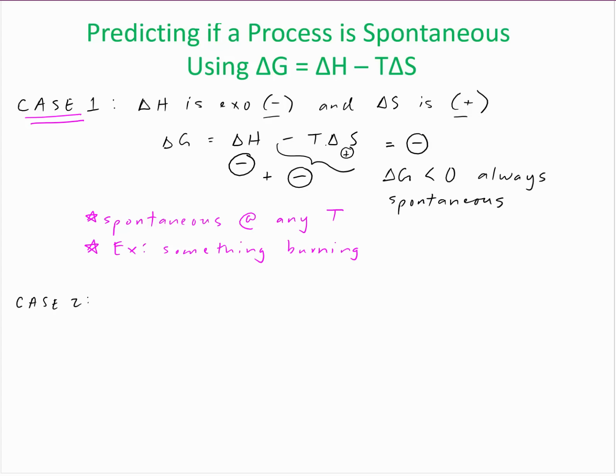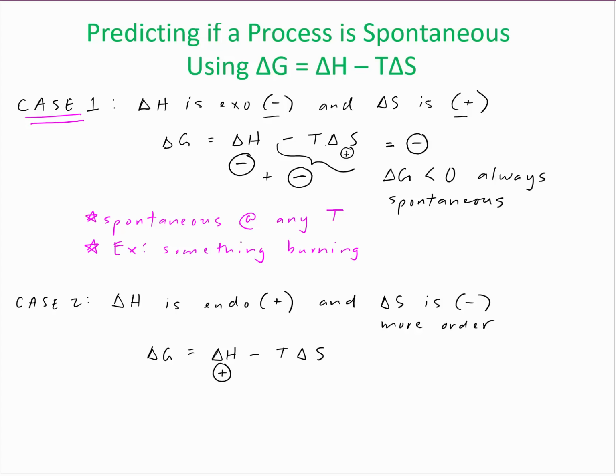Okay, case 2 is where delta H is endothermic and delta S is negative, or more order was created in whatever process. So now let's look at our delta G equation for where these two events happen.